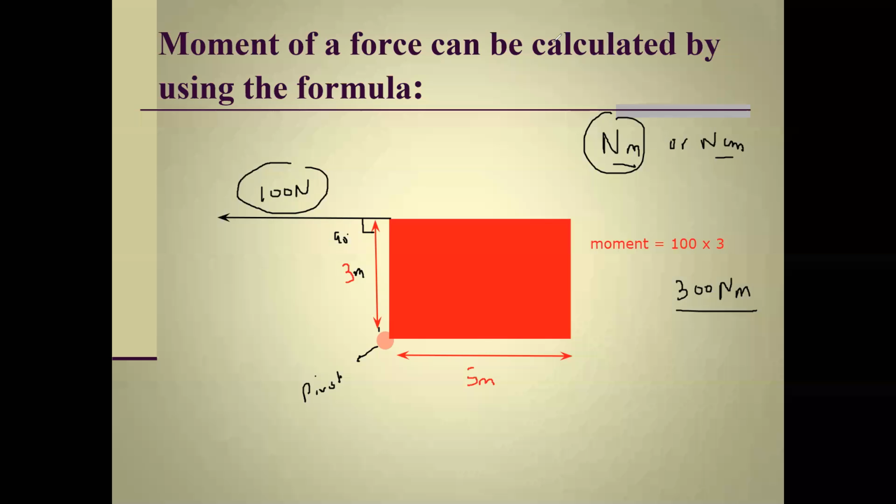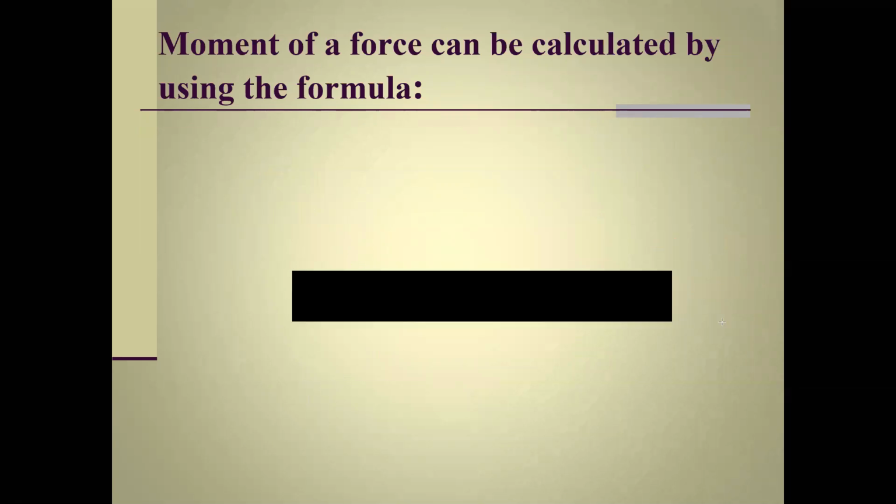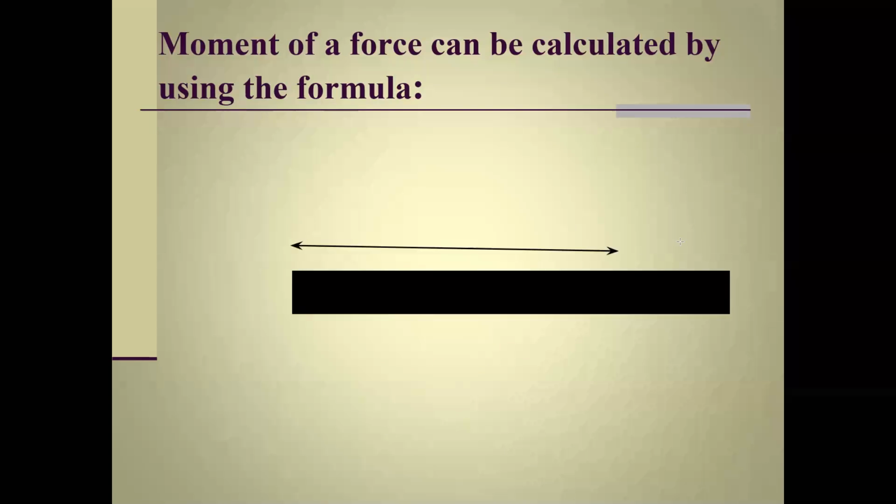Another example: if I say an object of length 5 meters, and the weight of the object is acting at the center, this is a pivot.